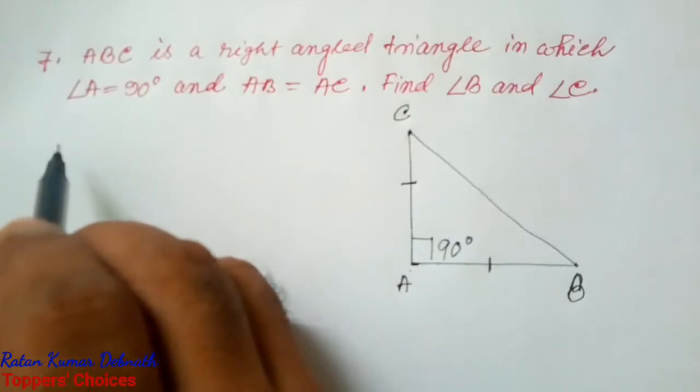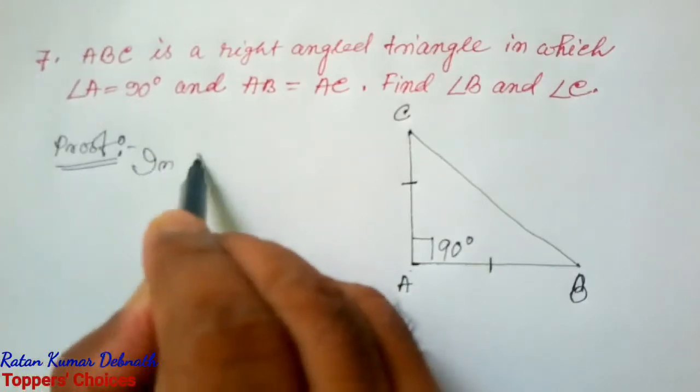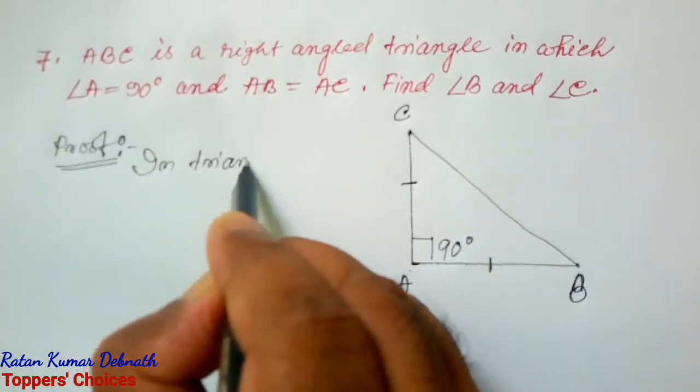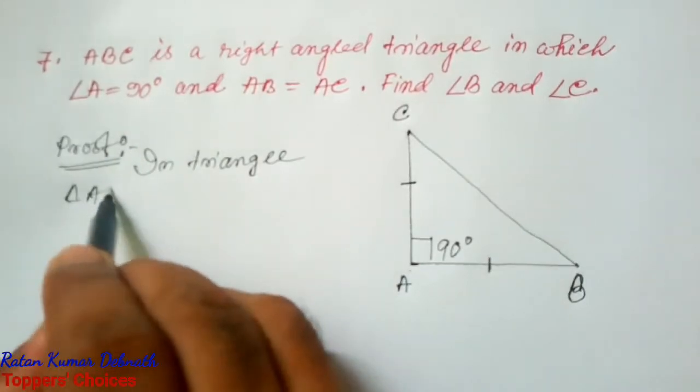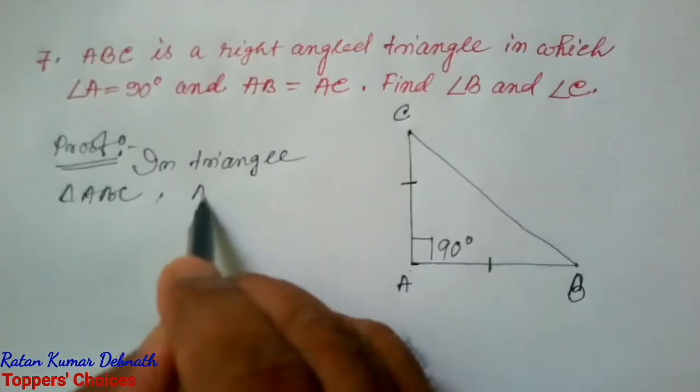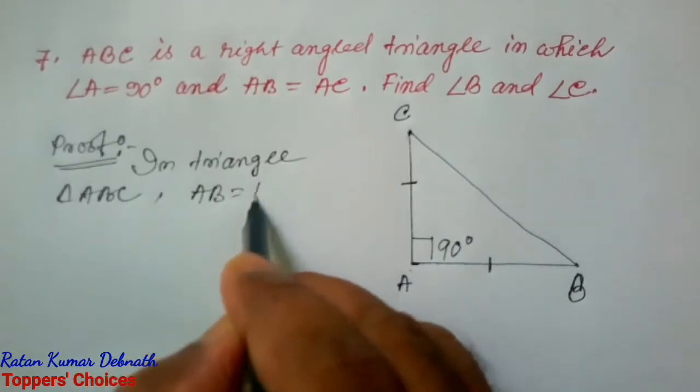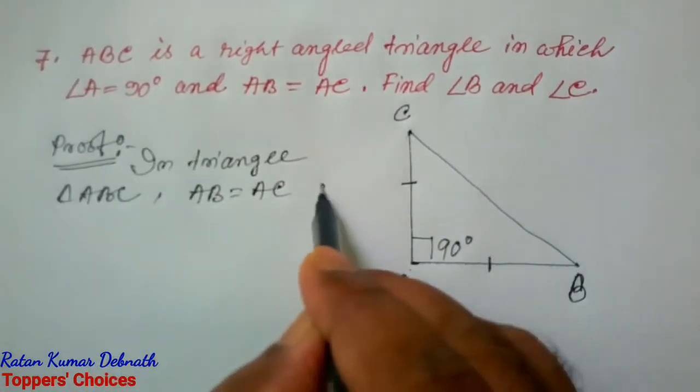Let us prove it. In triangle ABC, AB equals to AC given.